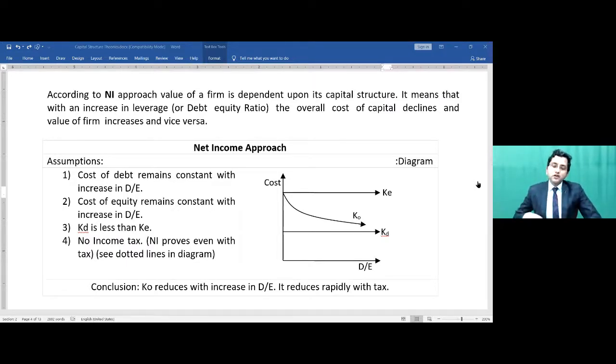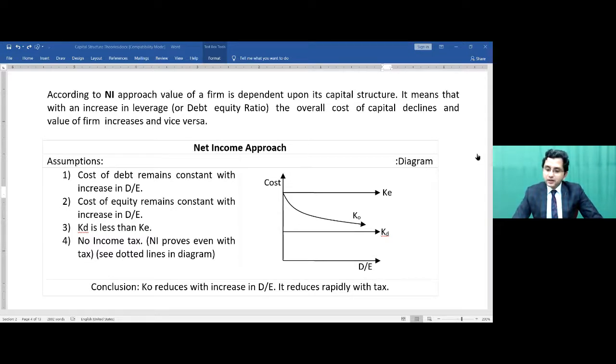In case of liquidation, they will be standing in the queue before equity shareholders. First they will receive the amount and then the equity shareholder will receive the amount. And debentures may be secured also against the mortgage of some of the securities. So being an equity shareholder, you bear too much risk, and that's why you demand a higher return, and that's why your cost of equity is higher.